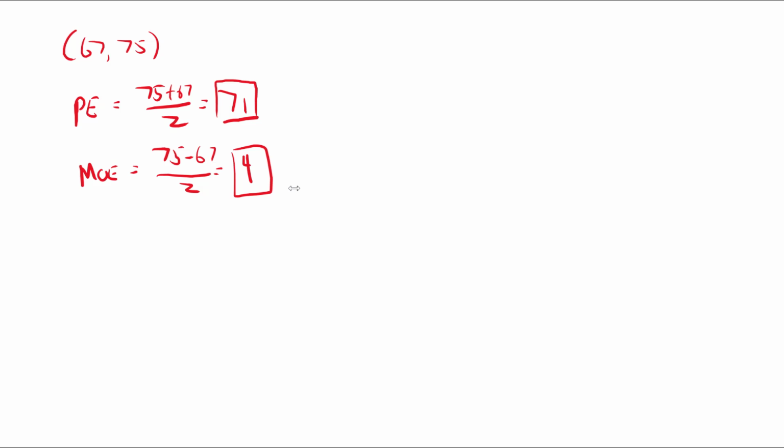You can always check that if they just give you an actual interval. Let's say somebody else came up with 60 and 82.